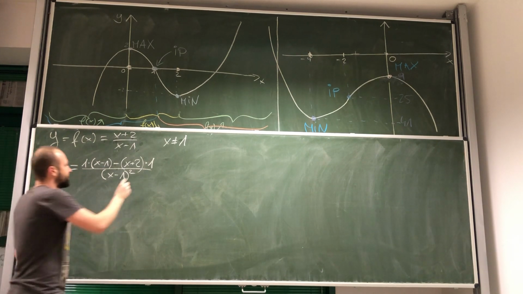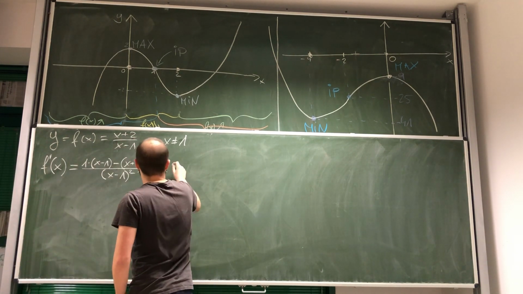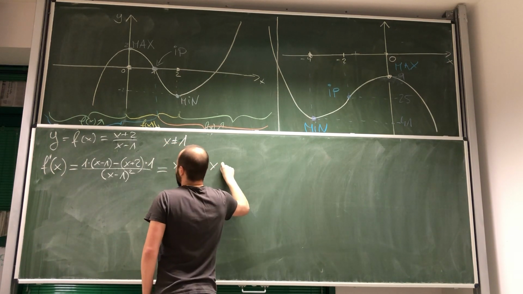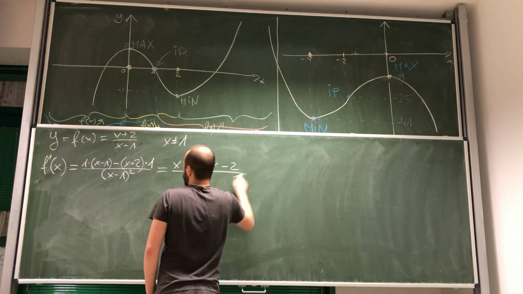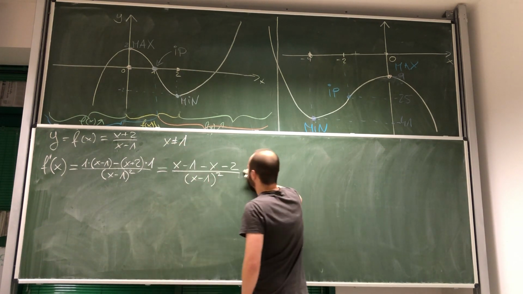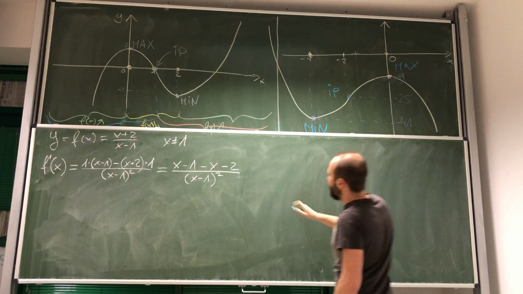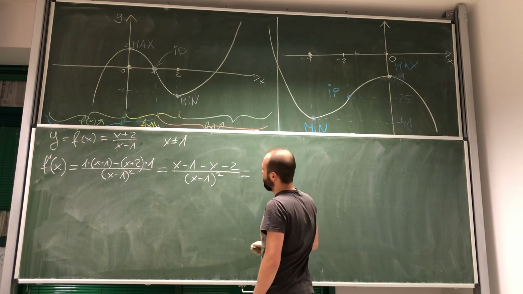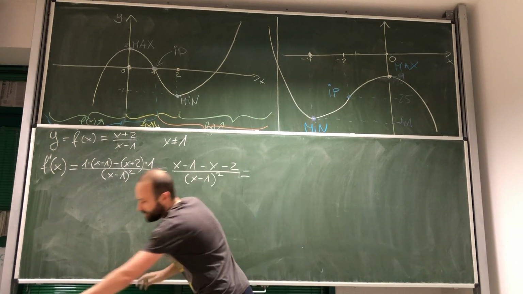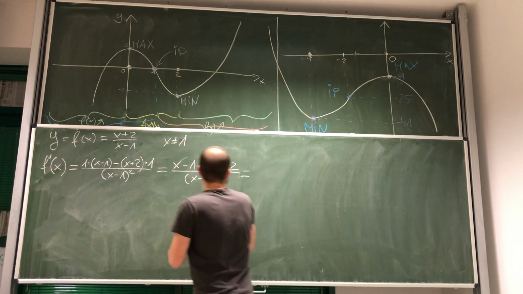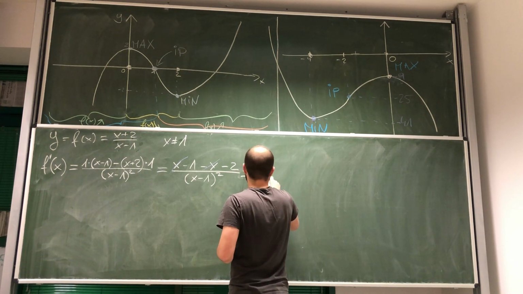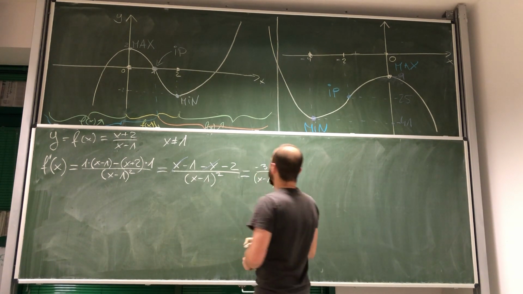So look, out of this we're getting that this is x minus 1 minus x minus 2 divided by x minus 1 squared. Right? Now out of this, two x's are cancelling each other out. We are left with negative 3 over x minus 1 to the power of 2.